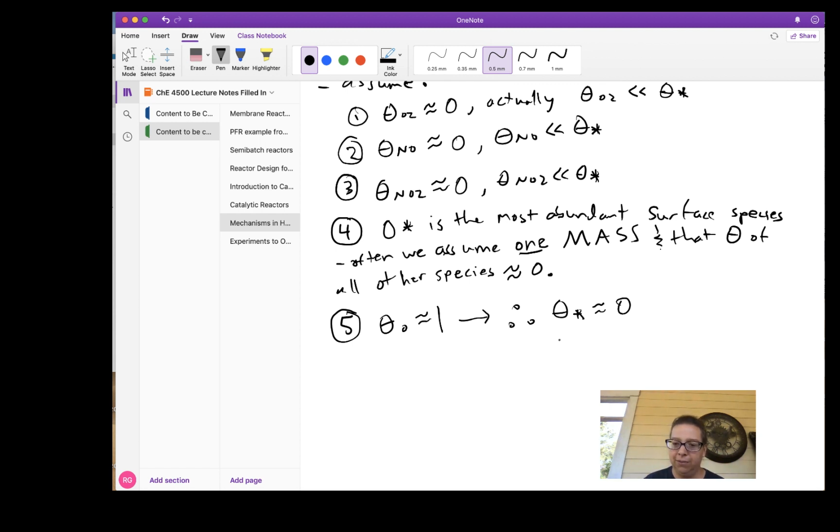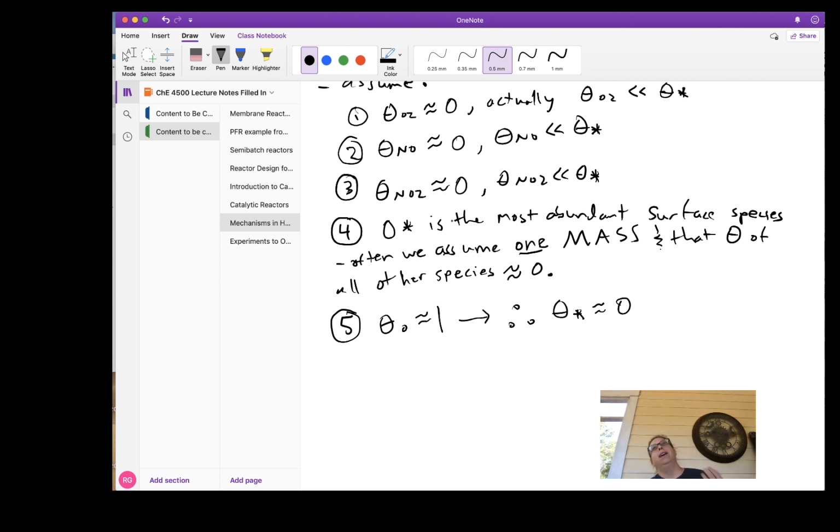That means the coverage of free sites is maybe 0.08, and the coverage of all of these other species are 10 to the minus 6, right? So in all actuality, theta O is probably closer to 0.999, theta star is equal to 0.001, and all the rest of these coverages are on the order of 10 to the minus 6 or something like that.